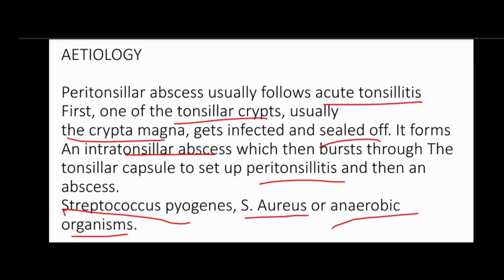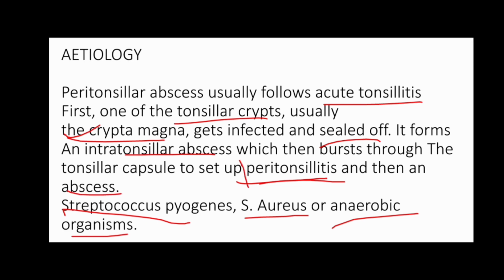First, the patient has acute tonsillitis, and pus fills the crypta magna and then bursts, leading to peritonsillitis and then abscess formation.